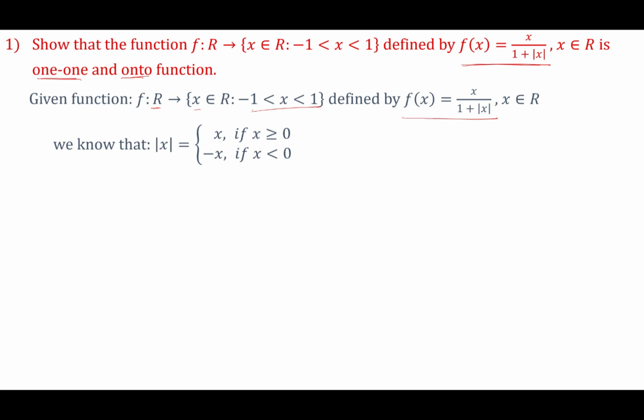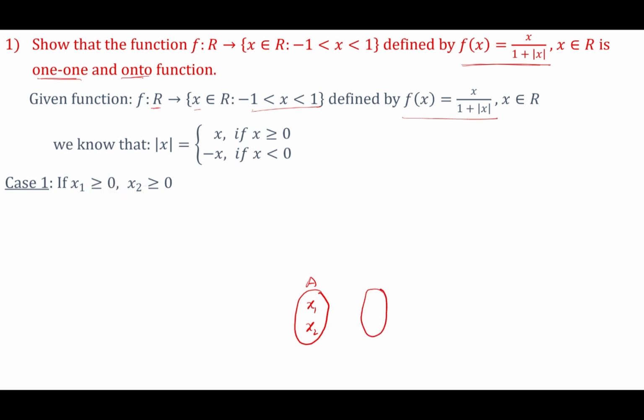Now we have some cases. At first, I took two elements from set A, which are x1 and x2. I'm saying x1 is greater than or equal to 0 and x2 is also greater than or equal to 0, which means x1 and x2 are positive numbers.